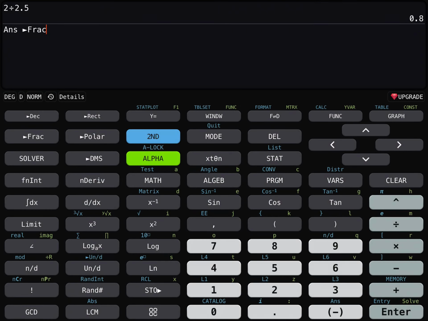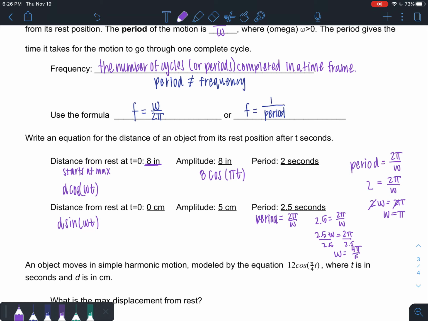You should know that fraction. It is 4 over 5. And we want to leave it in terms of pi, so this is 4 pi over 5. So our final answer is written as 5 sine of 4 pi over 5 t.